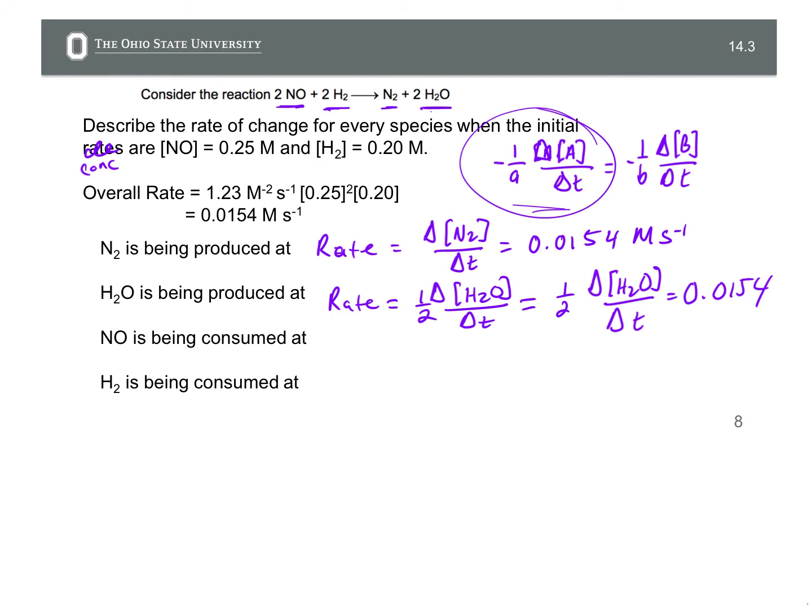So multiply both sides by 2. So delta H2O over delta T equals 0.0308 moles per liter per second. Everyone okay with that? Yes. Multiply by 2.